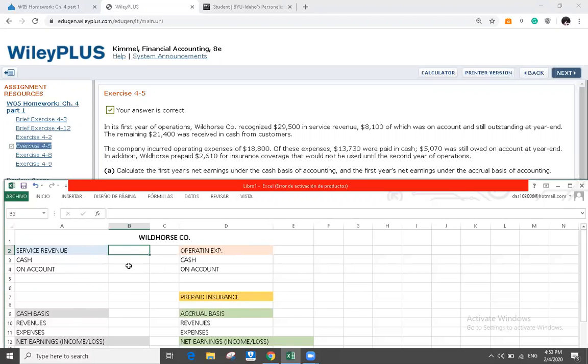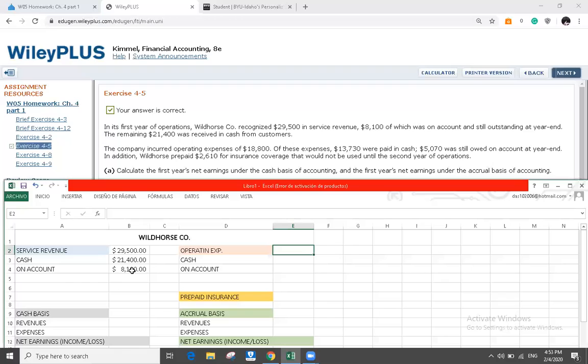So for service revenue, it tells us that $29,500 are taken into consideration for revenue, but only 21,400 are cash, and the rest, 8,100 dollars, is on account.